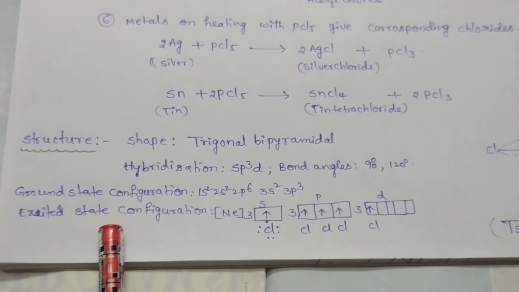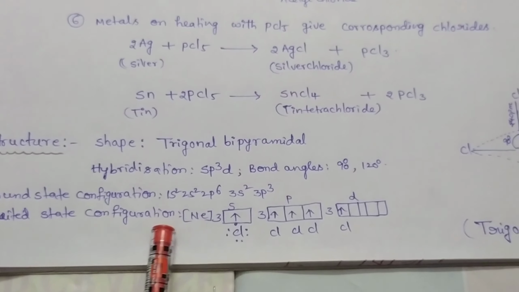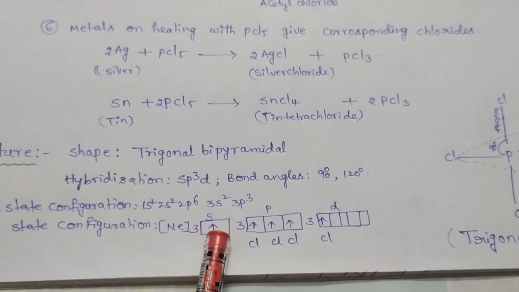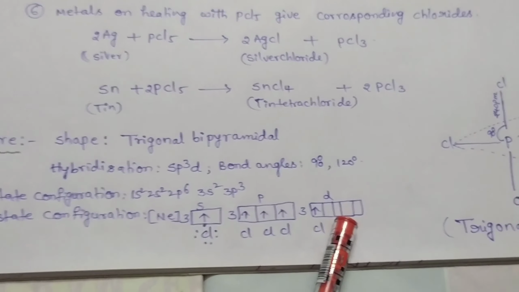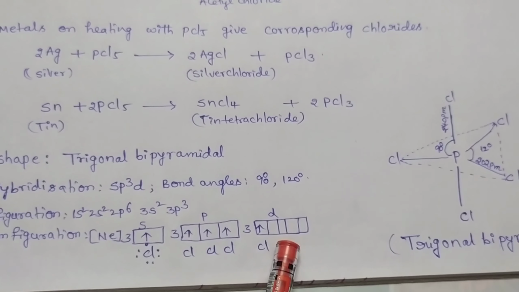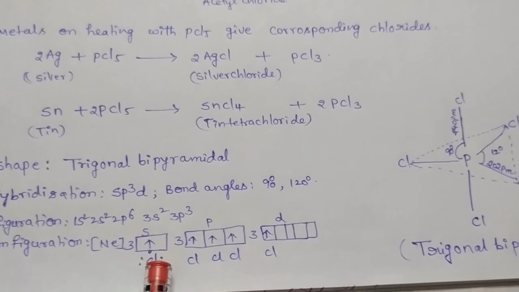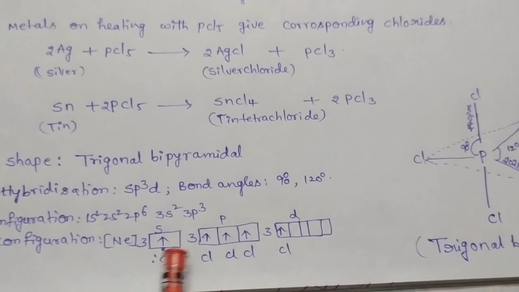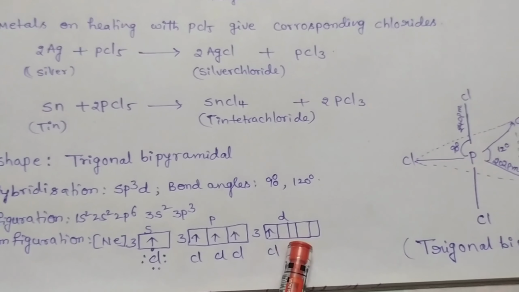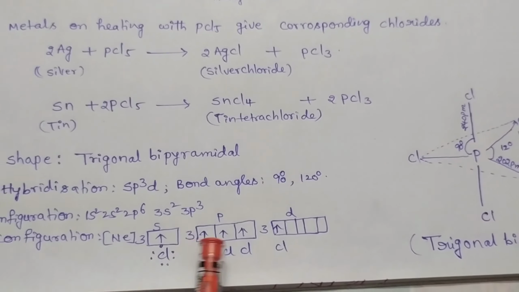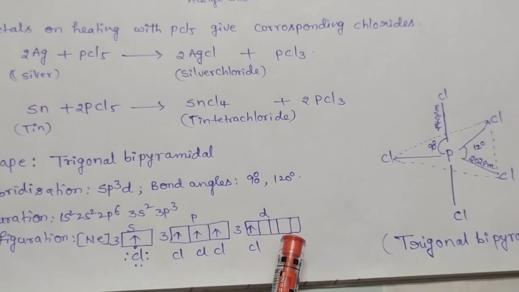When this phosphorus atom goes to the excited state, one of the s electrons is shifted to a 3d orbital. That means the s, p, d orbitals contain 5 single valence electrons.